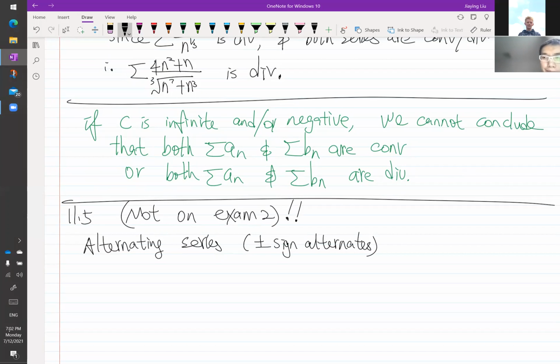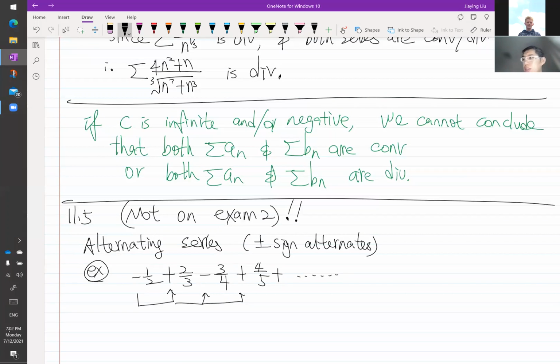For example, you might have a series that's negative 1/2 plus 2/3 minus 3/4 plus 4/5 and so on. The sign goes from negative to positive, and then positive to negative, and you can see that.